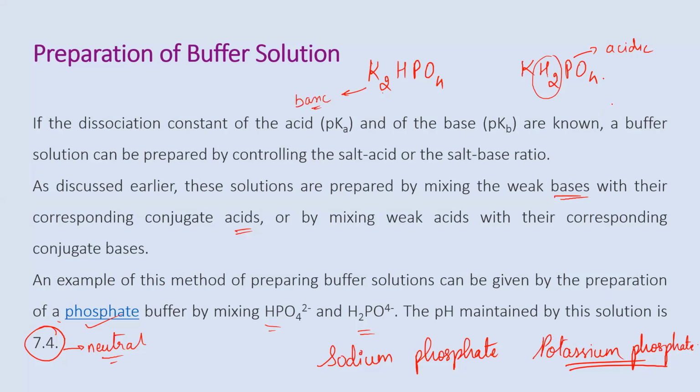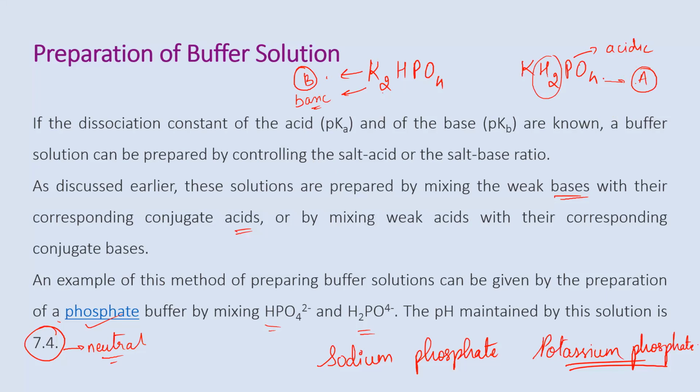You're going to make a solution of each and then mix them together. I will make a separate solution of potassium dihydrogen phosphate, and a separate solution of dipotassium hydrogen phosphate. I'll keep them separately.